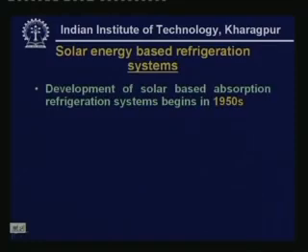As I was mentioning, the development began in the 1950s, and it really picked up since the 1965s. The major reason behind this is that people have realized that our fossil fuel reserves are really limited, and refrigeration is typically what is known as a low grade application. It is said that for low grade applications you should not use high grade energy like electricity.